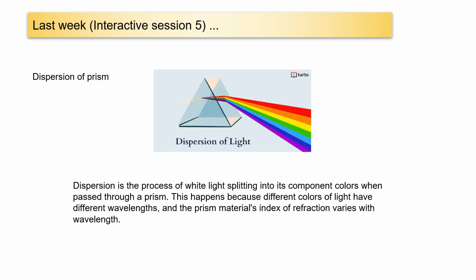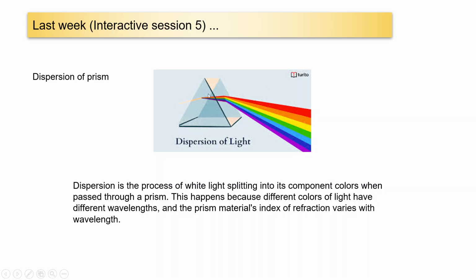If incident light is incident on this side, usually only these two sides are kept refractive, and the others are painted to be opaque. The angle between these two sides, as we had seen, is called the angle of the prism.